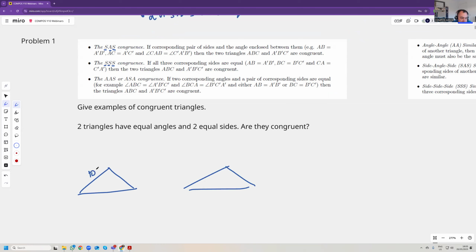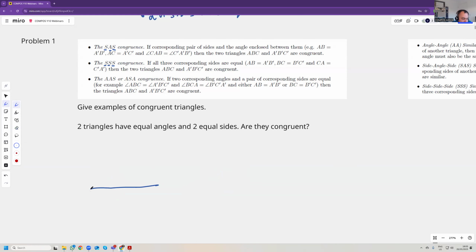Or if you have 10 centimeters, 12 centimeters, 10 centimeters, 12 centimeters, and the angle between them is also the same, then they're congruent. Or you have the angle, angle, side, or angle, side, angle congruence. This is where you have two angles and a side between.